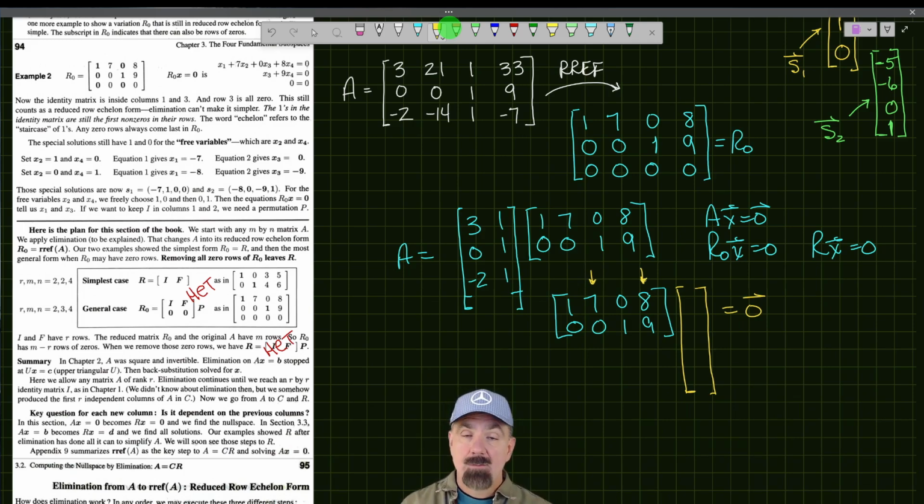And we're going to set one of them equal to 1 and all the remaining equal to 0. So we're going to set x2 equal to 1, and then we're going to set x4 equal to 0. And now we're going to calculate what is required for us to be able to get a 0 when we do this matrix vector product. And the answer is quite simple. The 1 is going to give me a 7, so this is going to have to be a negative 7.